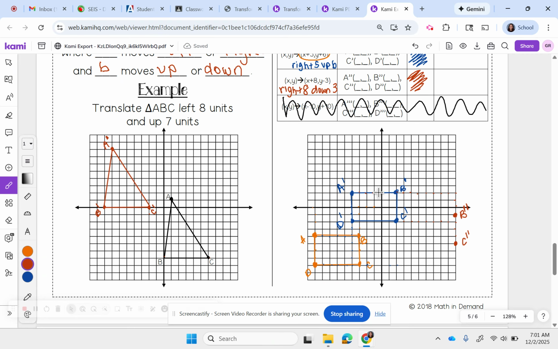And then we're doing A. 1, 2, 3, 4, 5, 6, 7, 8. Down 1, 2, 3. This is A. And then lastly D. 1, 2, 3, 4, 5, 6, 7, 8. Down 1, 2, 3. That is D. And then all we have to do now is connect.